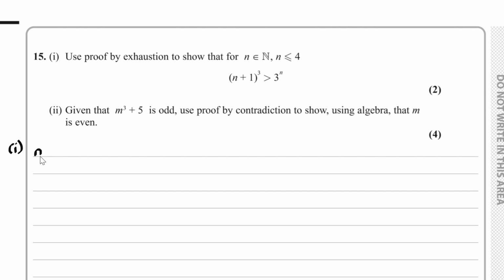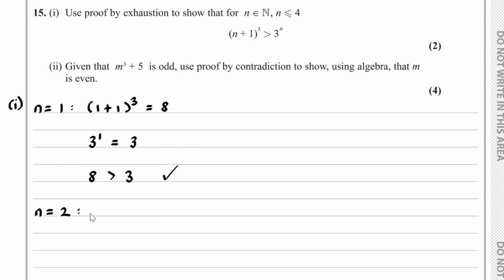Well, when n is 1, n plus 1, we would have 1 plus 1 cubed, which is 8. And then on the other side, we have 3 to the power of 1, which is 3. We see here 8 is greater than 3, so the statement is true in this case.